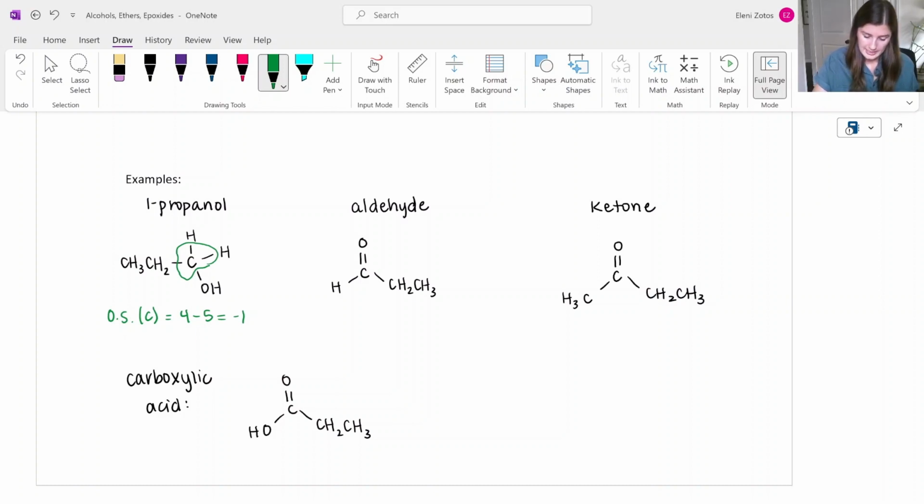In an aldehyde, the carbon owns both of the electrons in the bond to hydrogen, half of the electrons in the bond to carbon, and none of the electrons in the bond to oxygen. So its oxidation state is +1, so it's owning 3 electrons in an aldehyde.